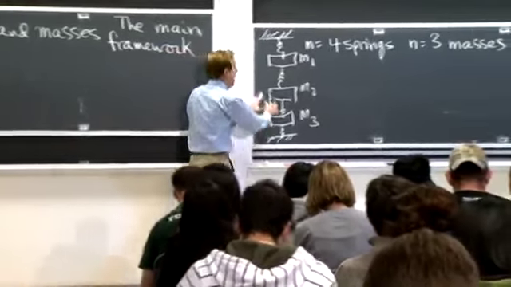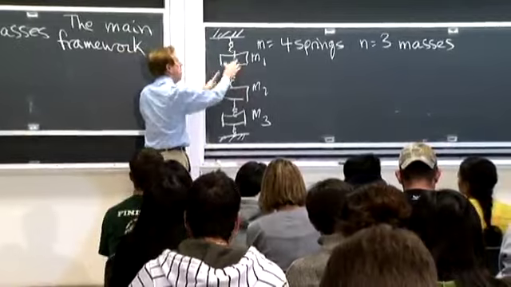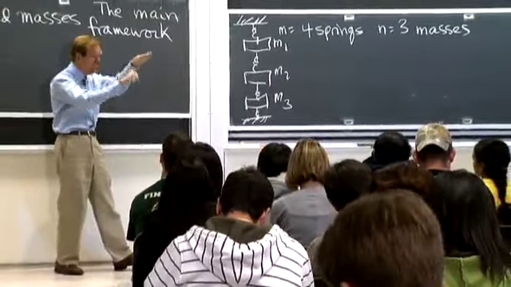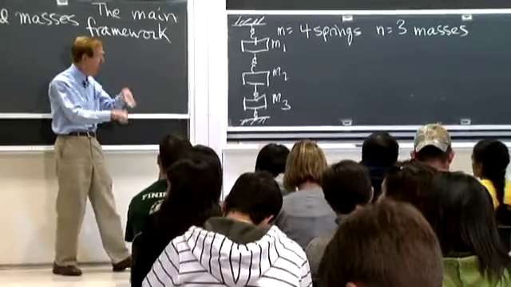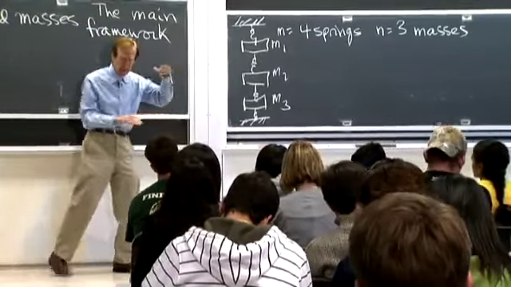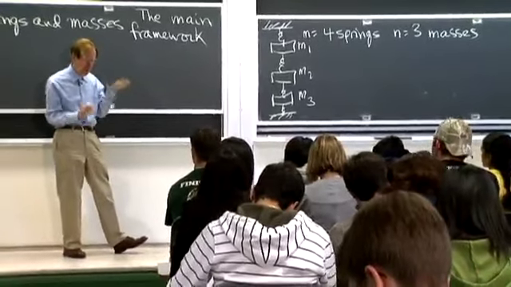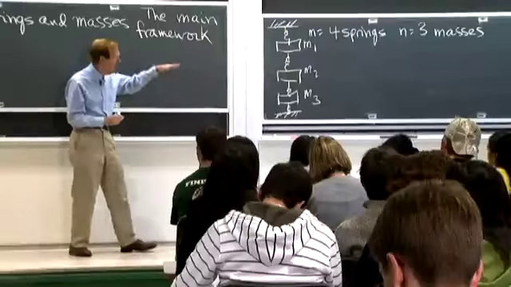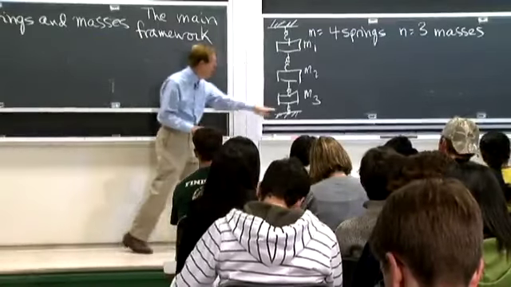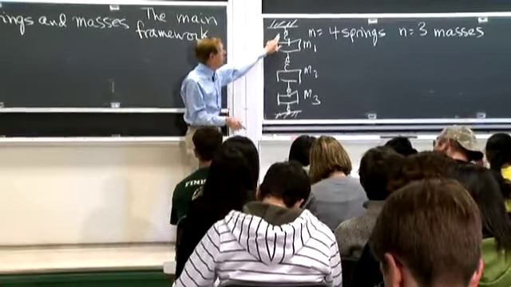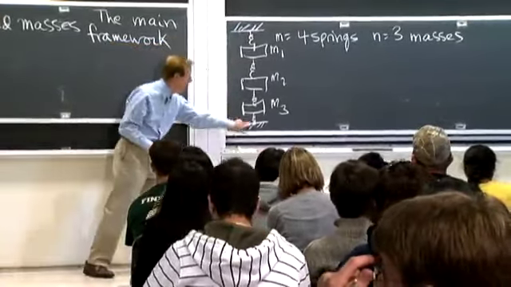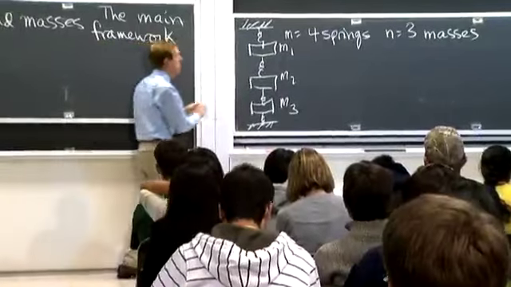When there was no weight acting, they were not stretched. The masses will stretch the springs, and the question is, how much? We're looking for the displacements. How much does mass 1 go down, mass 2, mass 3, and of course, the displacement here is 0, and here is 0. So we're looking for this.